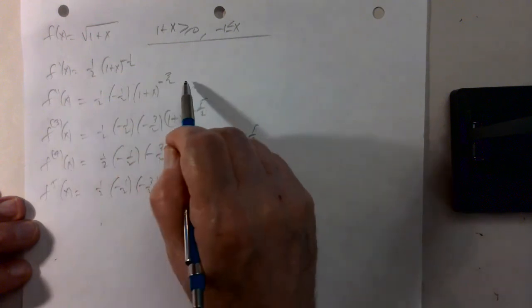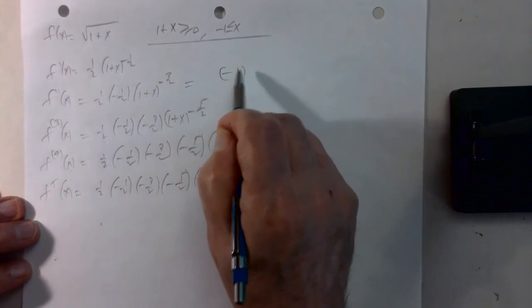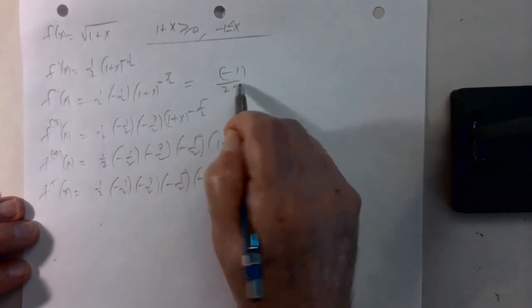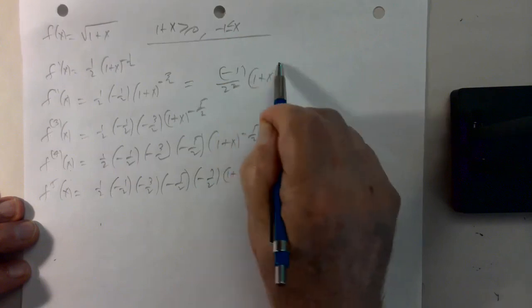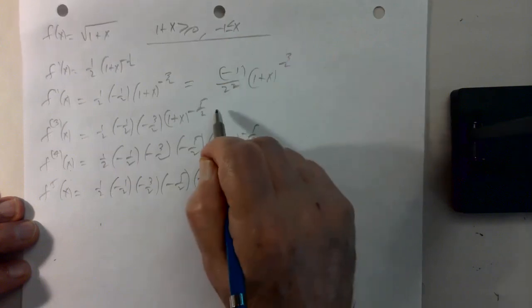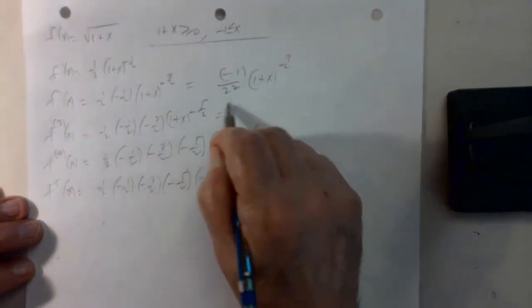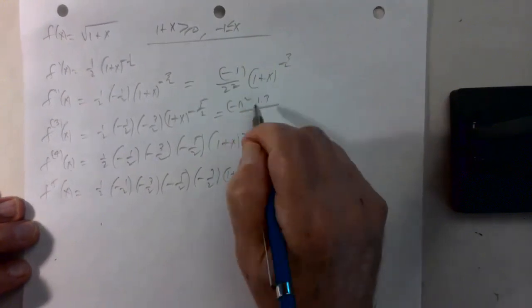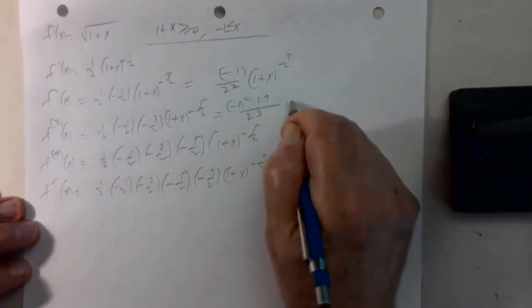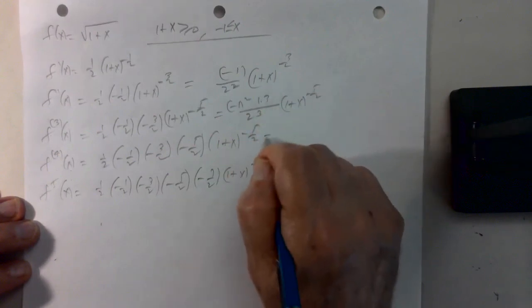Let's see. The second derivative is equal to minus 1 over 2 squared, 1 plus x to the minus 3/2. The third is plus, or minus 1 squared, 1 times 3 over 2 cubed, 1 plus x to the minus 5/2.